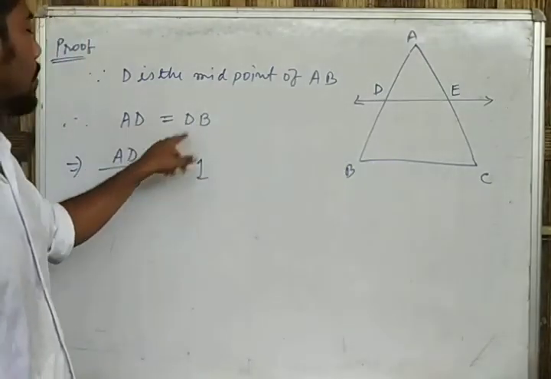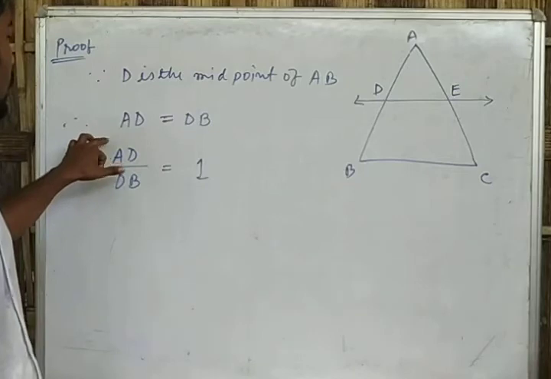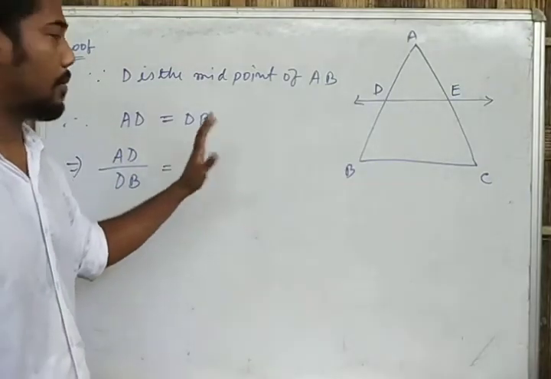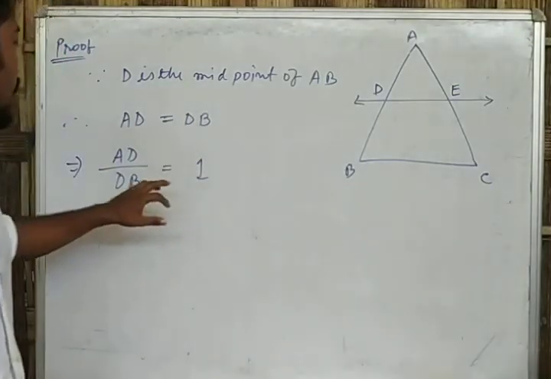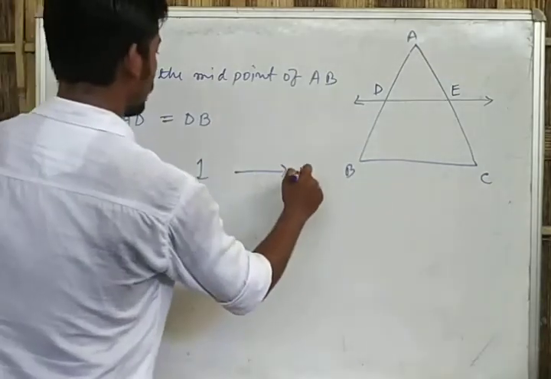AD and DB are equal, so the ratio of AD by DB will be 1. This is equation 1.